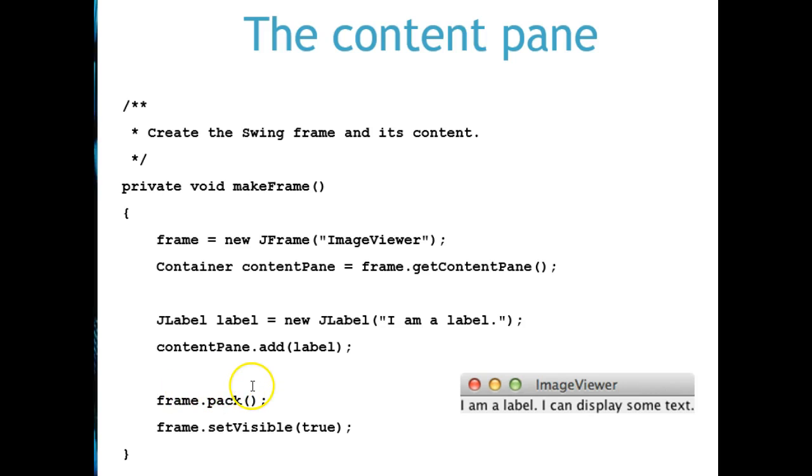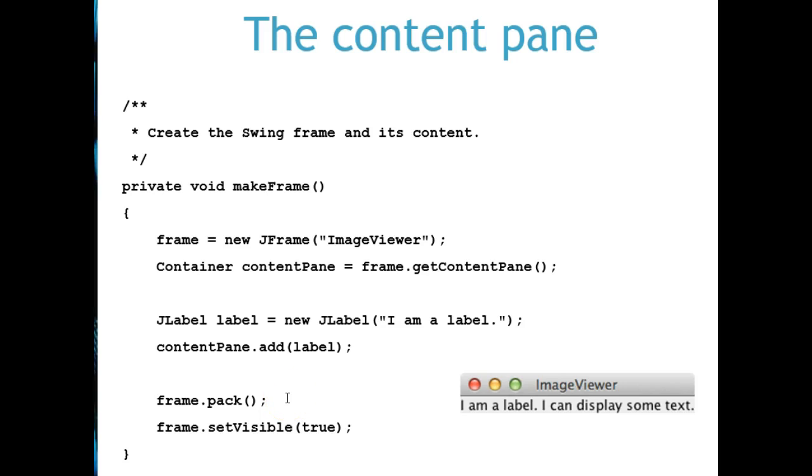frame.pack and frame.setVisible(true). The frame.pack causes the frame to arrange the components inside of it properly and to size itself. We always have to call the pack method on the frame after we have added or resized components. So if we want to resize it, we always have to call the pack method in here.